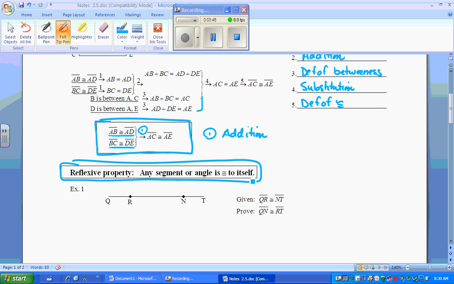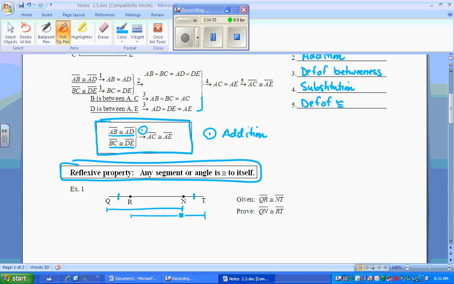Example 1 kind of shows this. We have QR congruent to NT to begin with. We want to prove QN congruent to RT. Well, we know that this little piece and this little piece are congruent. And what happens is they both share segment RN.